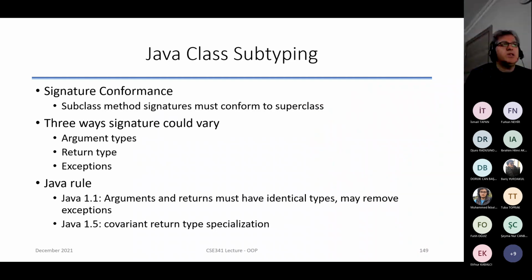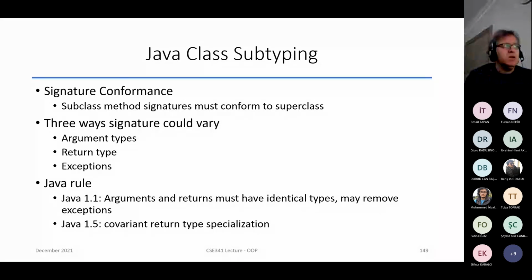So how does Java handle class subtyping? The first thing that you have to have is signature conformance. Subclass method signatures must conform to the superclass. All right, this is one thing. There are actually three ways that a signature can be different.